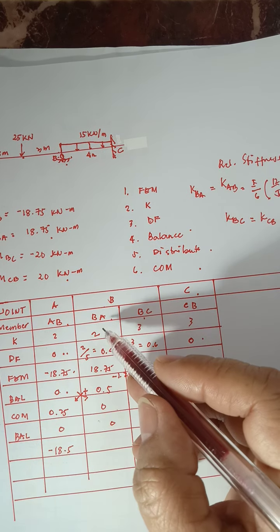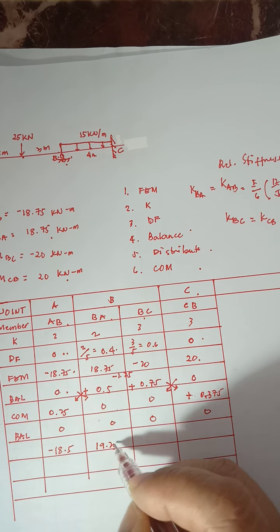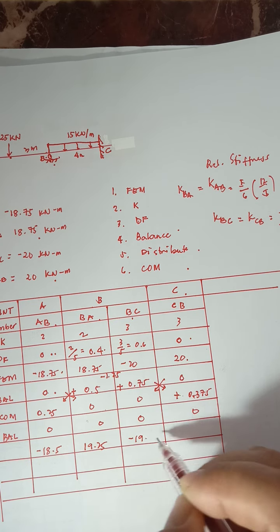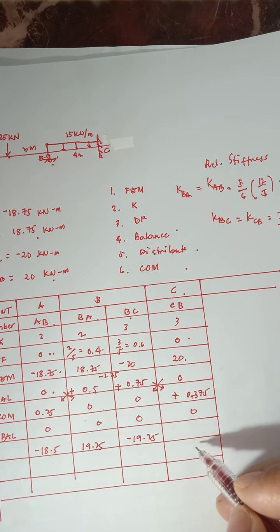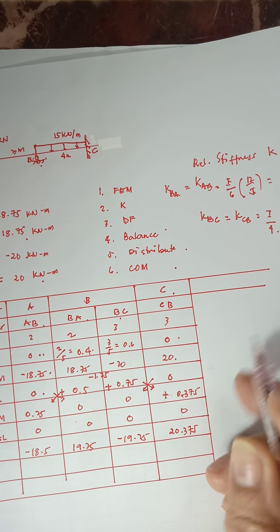And then at BA, that is 19.25. And for BC, minus 19.25. And for CB, it is 20.375.